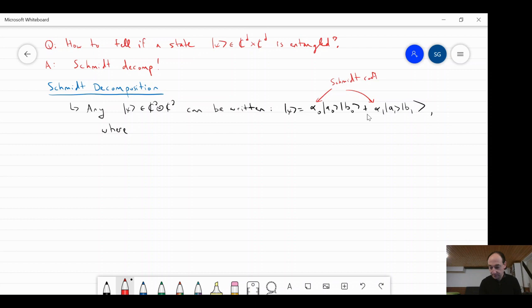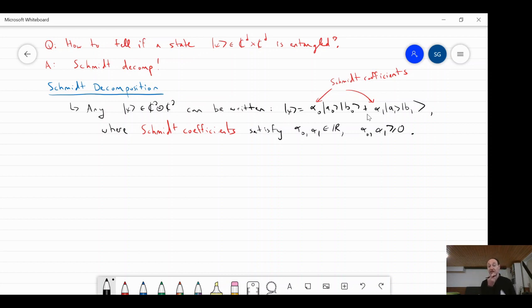The Schmidt coefficients are both real and non-negative, satisfying alpha 0, alpha 1 are in the reals, alpha 0, alpha 1 are greater than or equal to 0. So they're both non-negative real numbers, which is a departure from our usual representations where the coefficients are generally allowed to be complex.